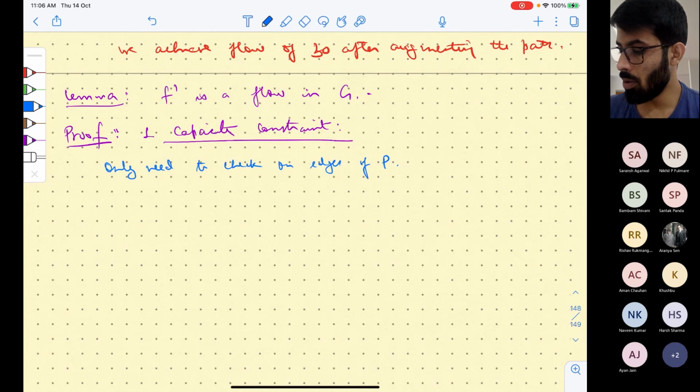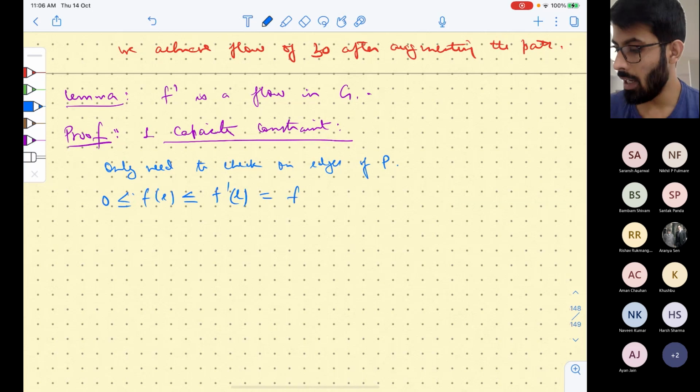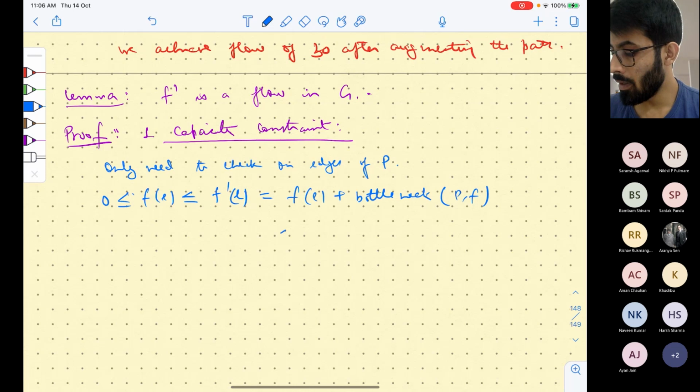Let me write the equation. So what is f prime of e? f prime of e is equal to fe plus the bottleneck of P comma f, which is less than or equal to fe plus, what is the bottleneck?